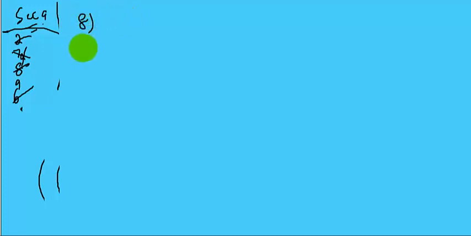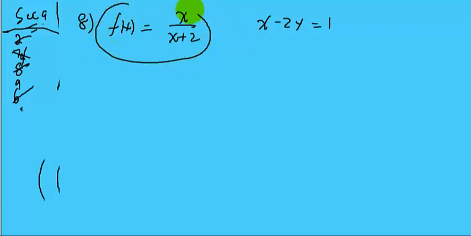Wow, we're finding another equation of a tangent line, and we've never done anything like this before. That is parallel to this other line, x minus 2y is equal to 1. They want you to find the equation of a tangent line to that curve, but it's parallel to this line. So if it's parallel, what do you know about the slope of this curve and the slope of this line? It has to be the same.